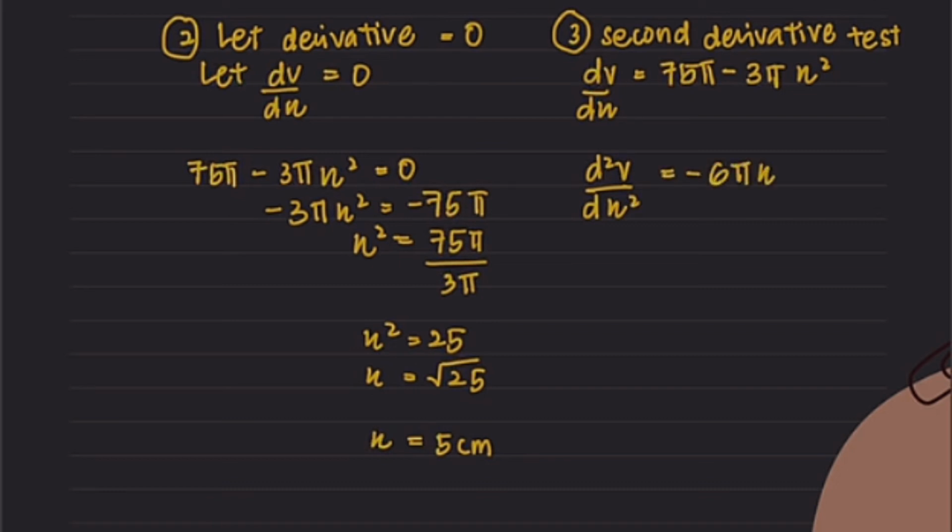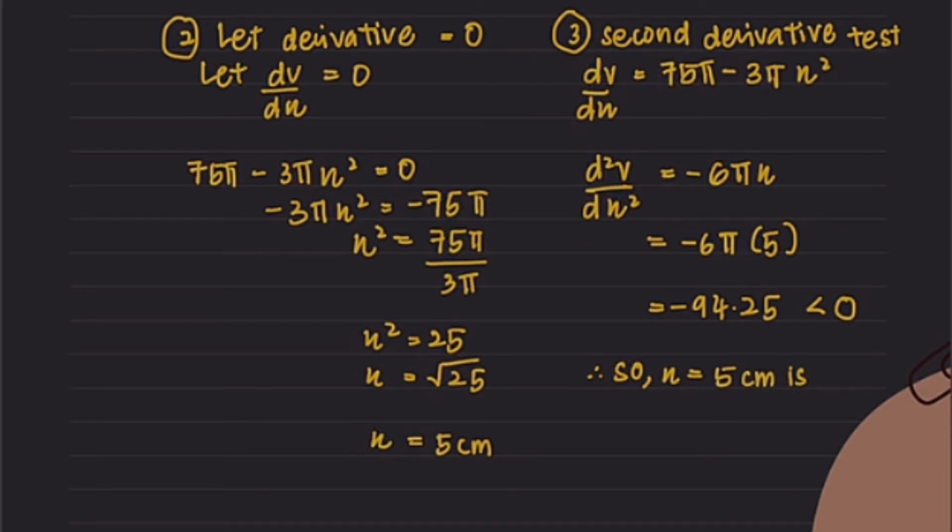So you substitute x, which is equal to 5, into the equation, and you will get negative 94.25. So the value of this is actually less than 0. So when the value is less than 0, x equals 5 cm is a maximum value. And for that, we have solved question C.